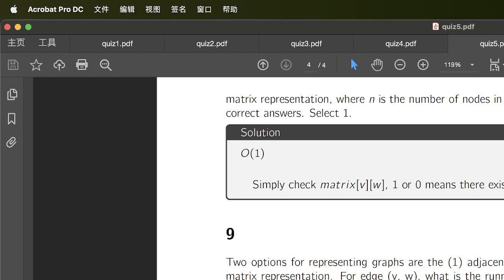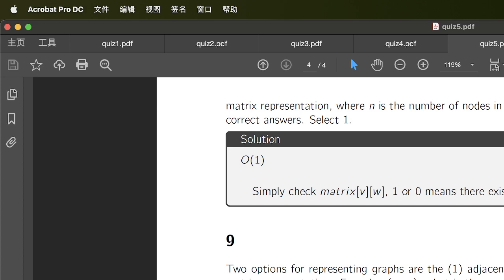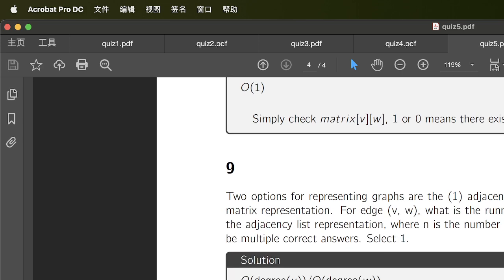So to find the edge VW, we may need to iterate the whole list after V or after W to find if there is some edge between them. So we need O(degree of V), which is the length of the list after V, or the other possibility, O(degree of W), right? So we just need to iterate the list.